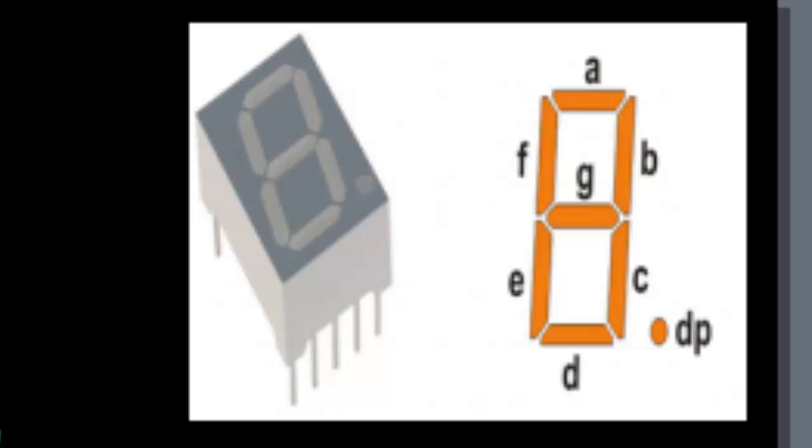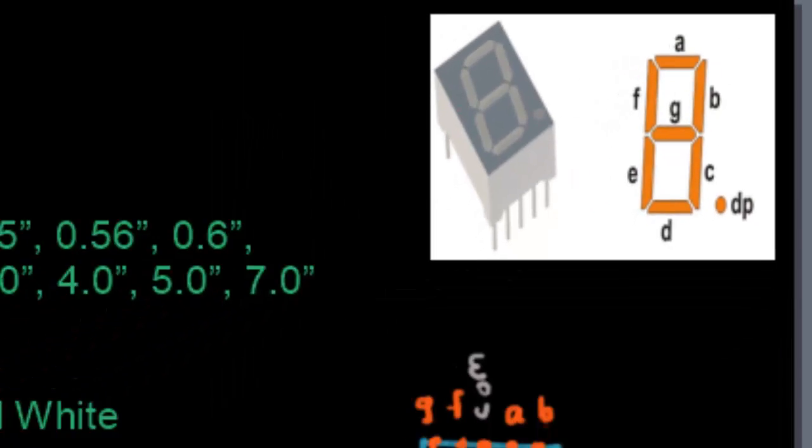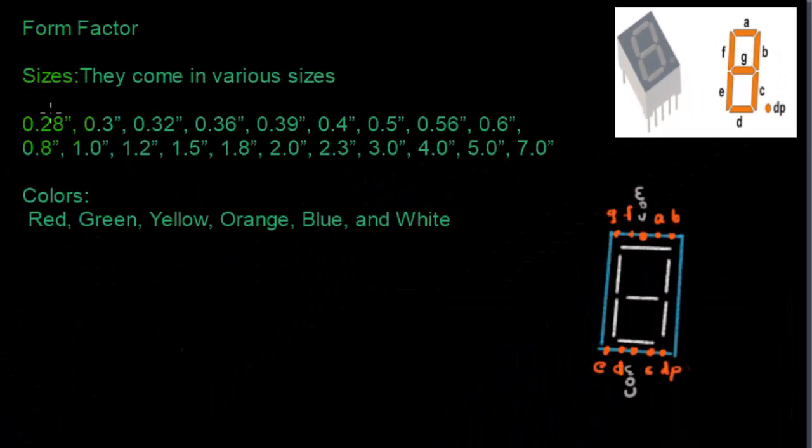Today we'll be seeing how we could go ahead and interface a 7-segment display with any microcontroller. Let us go ahead and look at the basics of what 7 segments are and how we could possibly use them. Now, 7 segments come in various sizes. By sizes I mean as you see here, they come from 0.28 inches to 7 inches.